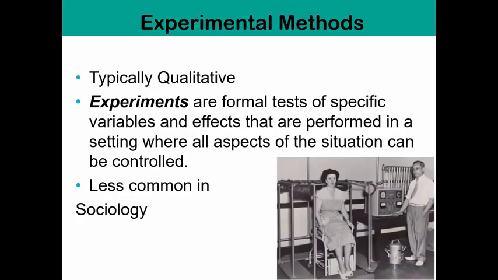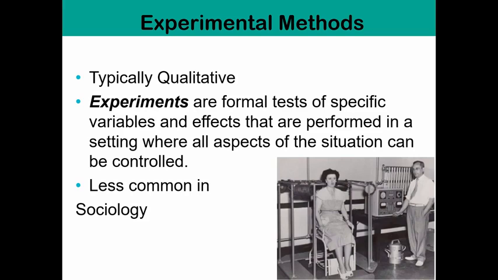Experiments are another form of a method. Experiments are often qualitative, but sometimes quantitative. They are formal tests of specific variables and effects that are performed in a setting where all aspects of the situation are controlled.